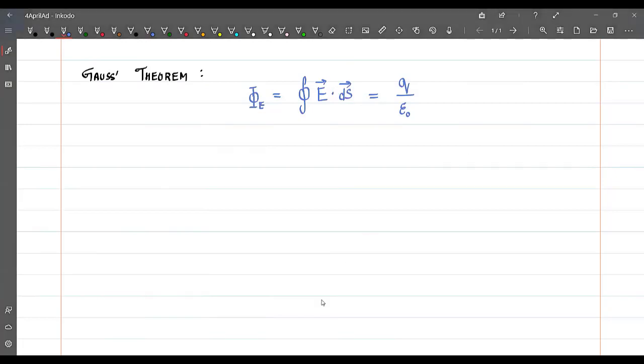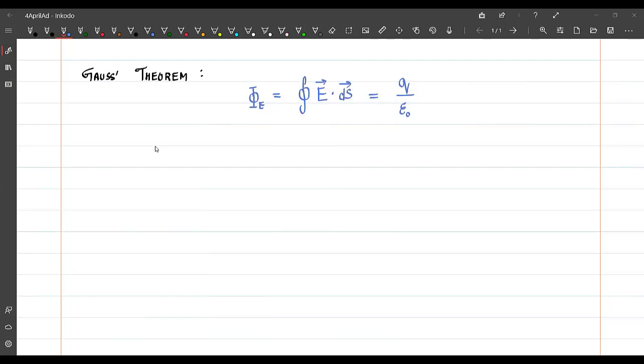We have also discussed in the last class how to calculate flux due to an electric field due to a single charge. We have derived this formula.